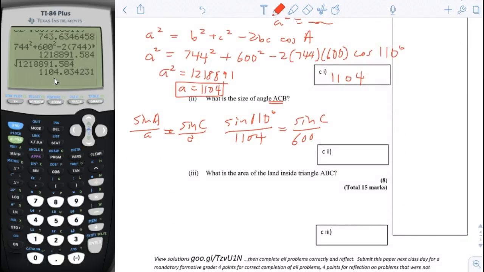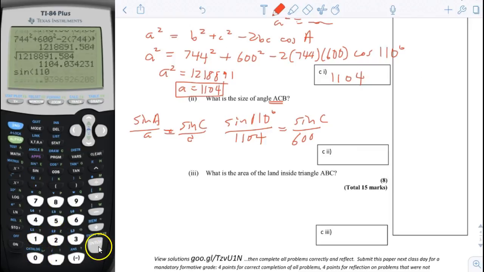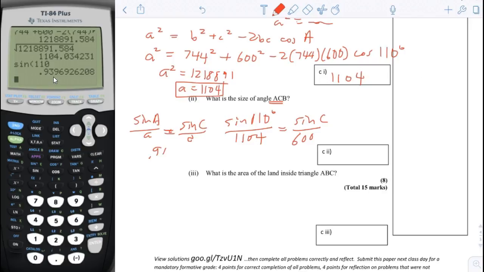Okay, and then we're just going to substitute in, instead of sine 110, we're going to write in the number sine 110, which turns out to be 0.940. So I'm going to put 0.940 over 1104 equals sine C divided by 600.